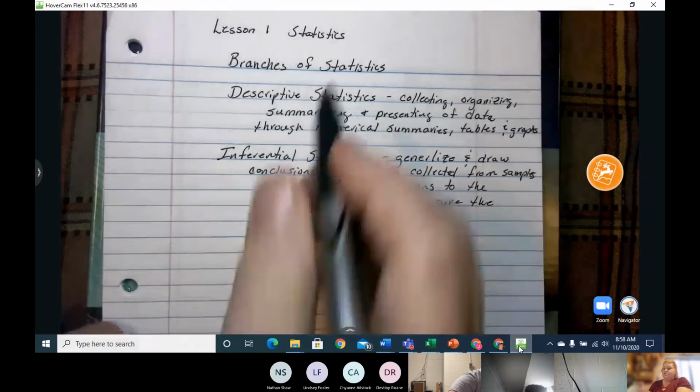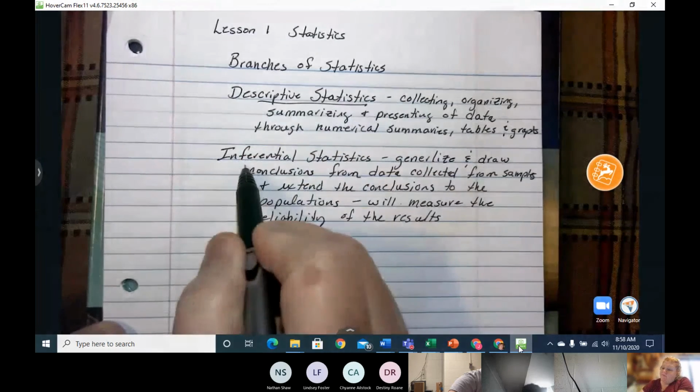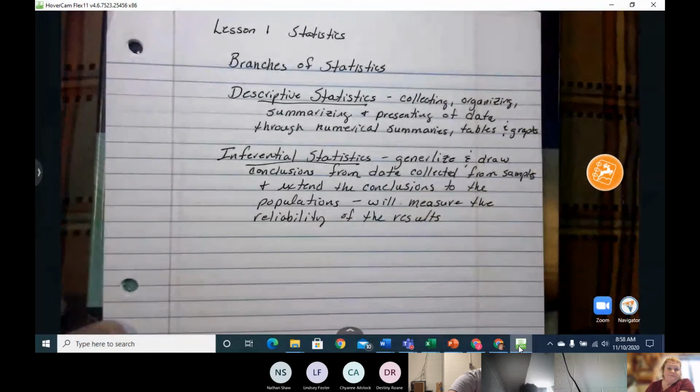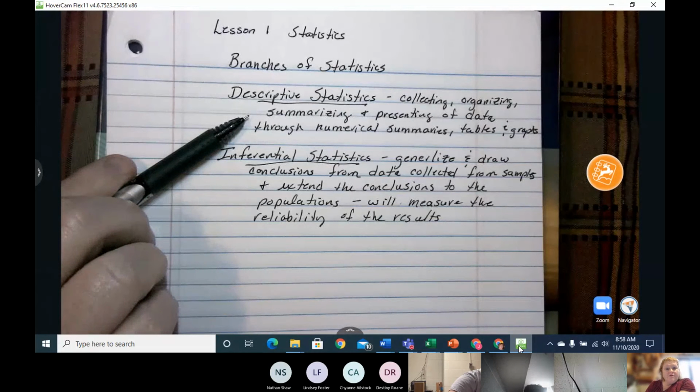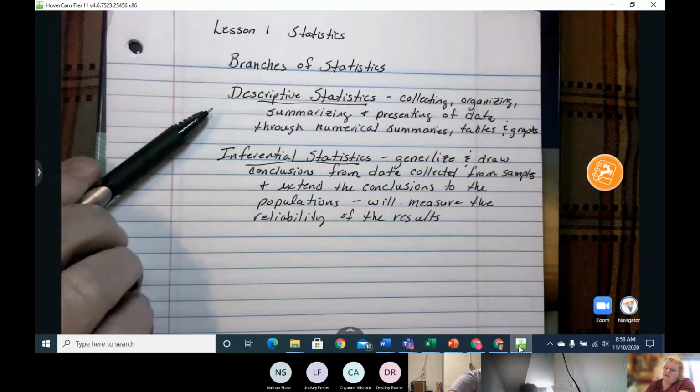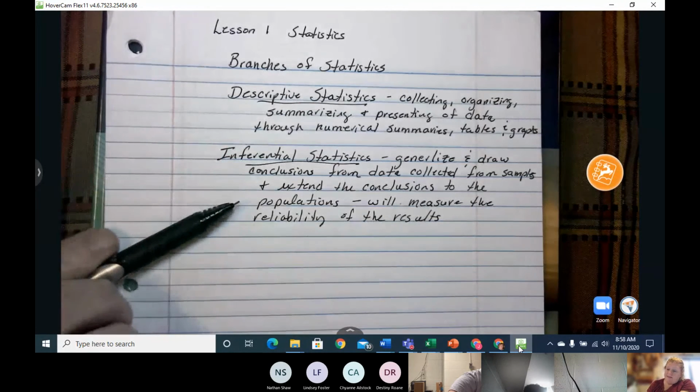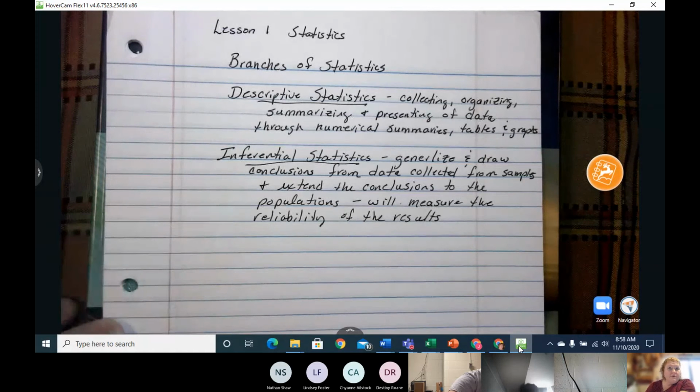So the two branches, descriptive and inferential. Again, we're still focusing on the descriptive, but when you take your next level of statistics, you will go more into the inferential part.